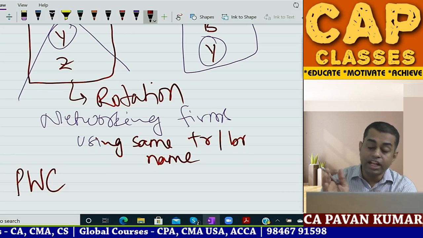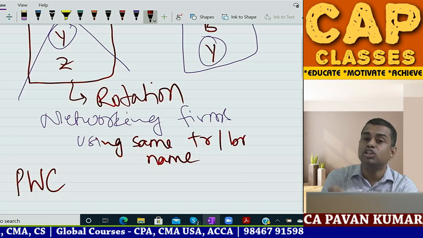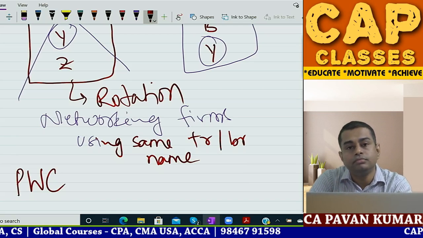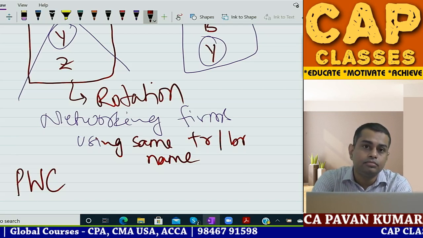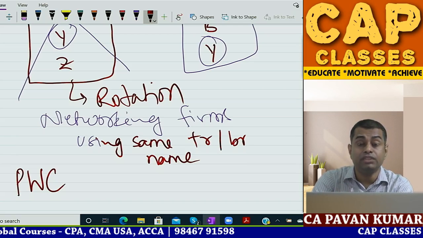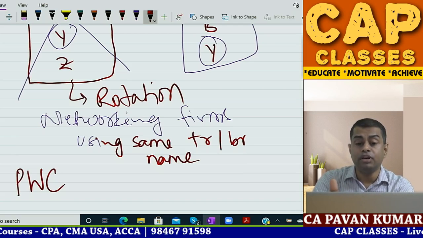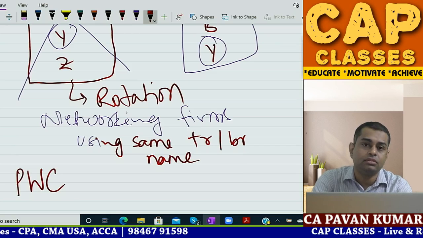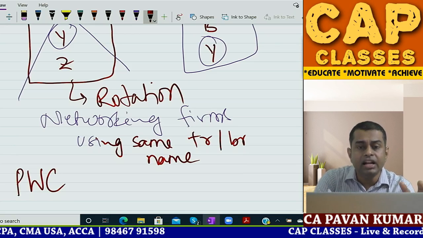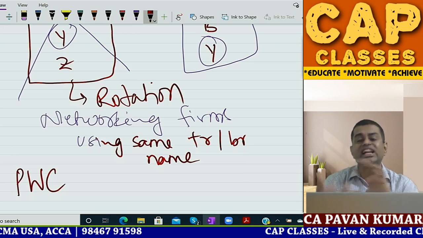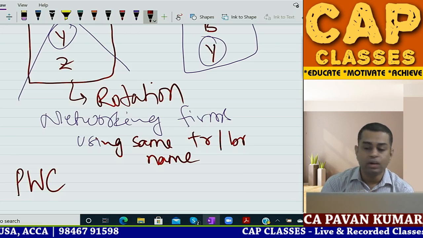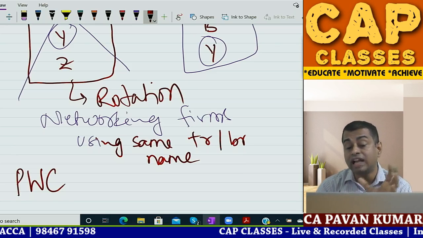After 10 years of tenure is over, can I appoint PwC Bangalore? The answer is no. Networking firms. A and company chartered accountants firm, B and company chartered accountant firm, they are networking firms. Either they use the same brand name or they are associates in some way. You cannot appoint the other company also.